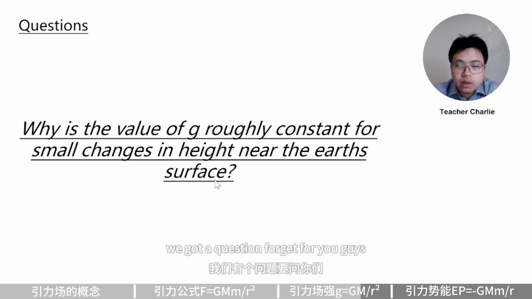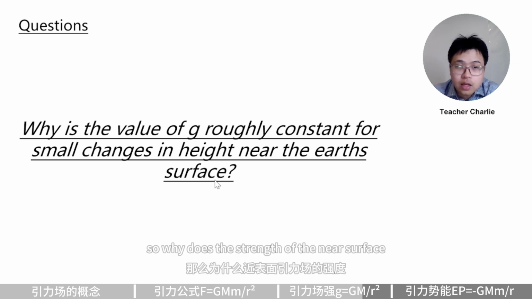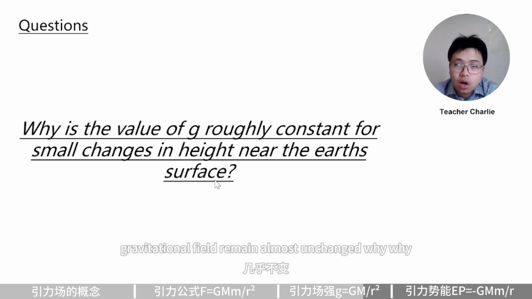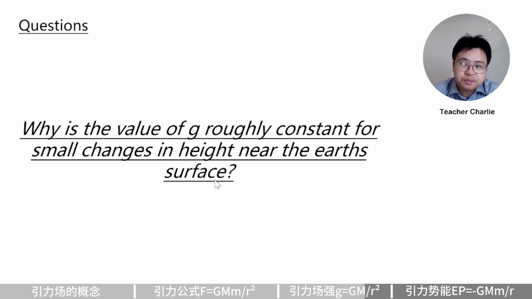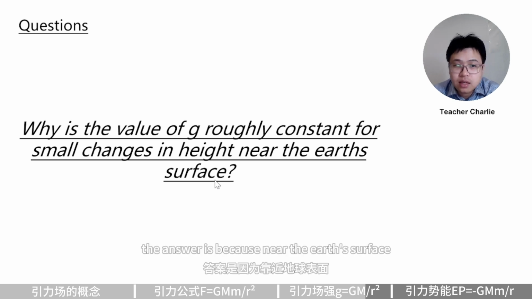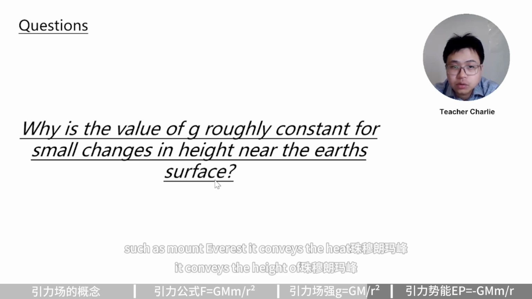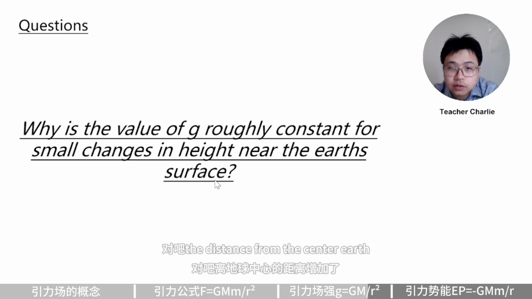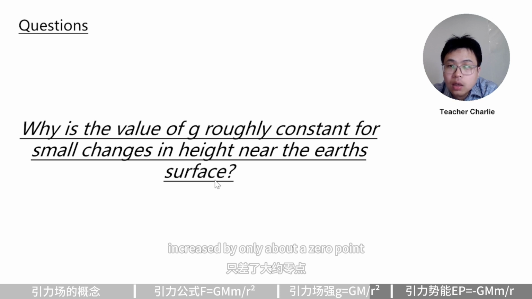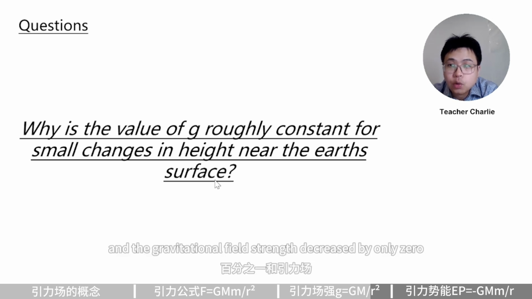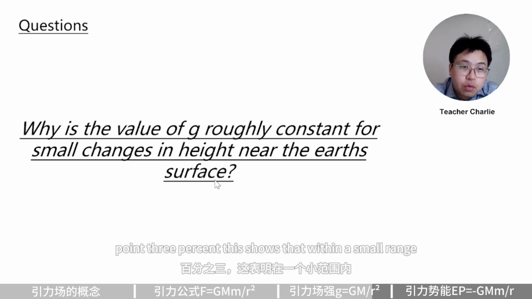So here we have a question for you. Why does the strength of the near-surface gravitational field remain almost unchanged? The answer is because near the Earth's surface, such as Mount Everest, 8 kilometers high, the distance from the Earth's center increases by only about 0.1%, and the gravitational field strength decreases by only 0.3%.